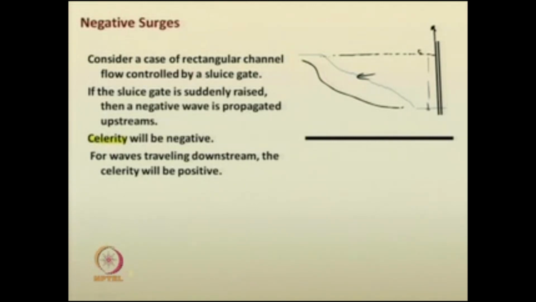So, we can now write the differential equation itself, which we have already taught you. dV bar by dy is, in this case, equal to minus root of g by y.